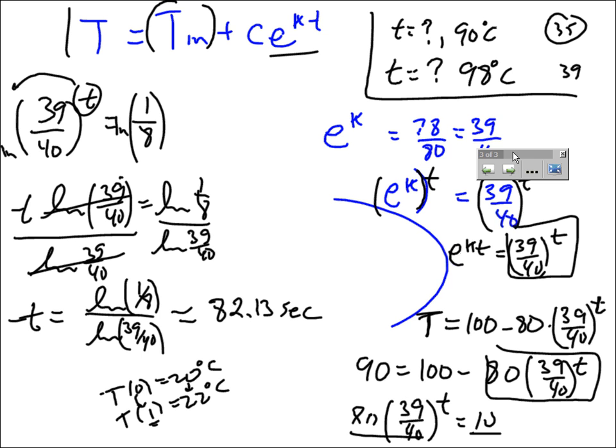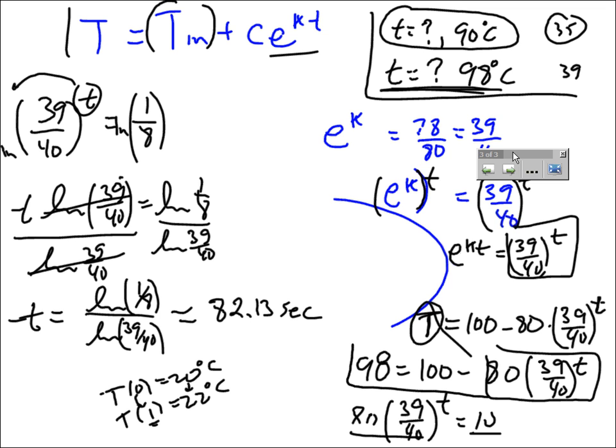Okay, now we want to do this whole problem again because we've only done the first part of the question. Now we want to know what t is to get 98 degrees. So the big change is that instead of 90 degrees, we're going to have 98, and this is what we want to solve. Let's be a little bit more organized about this.